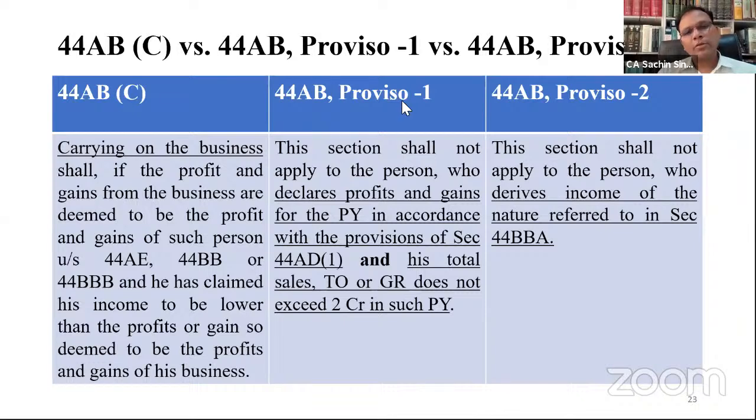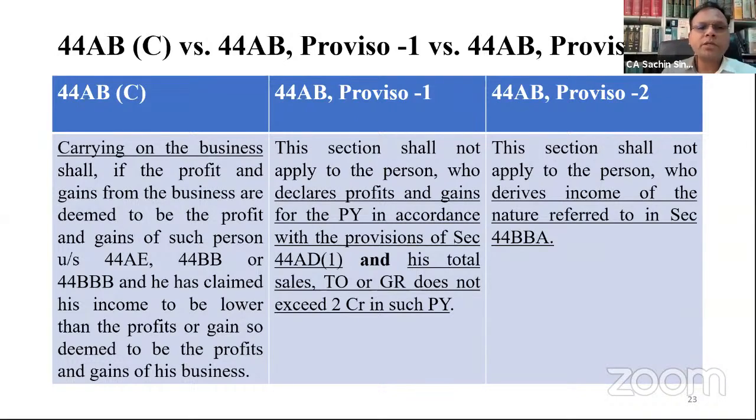In 44AB, a proviso was inserted in 2017, and it says this section shall not apply to the person who declares profit and gains for the previous year in accordance with the provision of section 44AD(1). So if you declare your profit as per section 44AD clause 1, then 44AB is not available. But vice versa is not applicable.